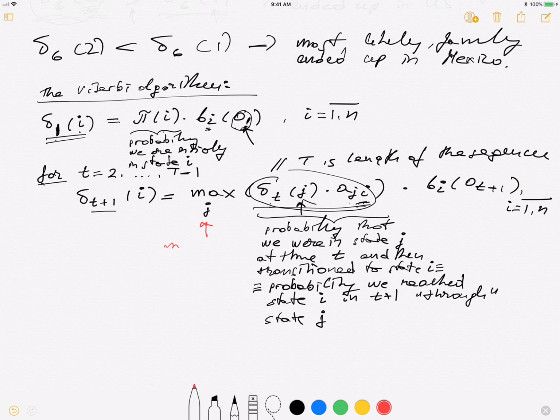So this is the probability that most likely we reached state i. And what is j? That j which maximizes this value would be the most likely state through which we reach the state i.